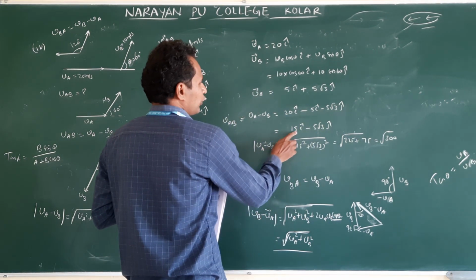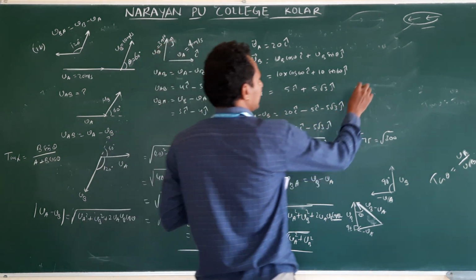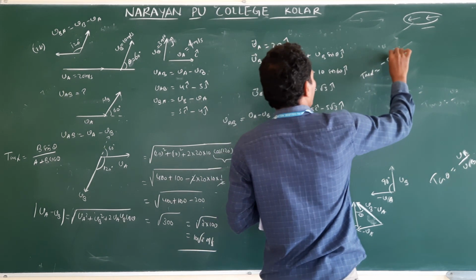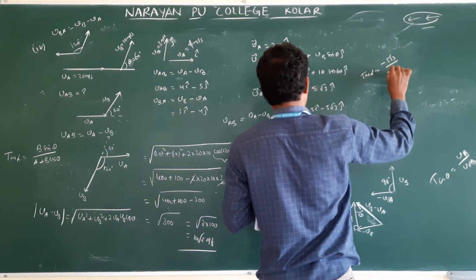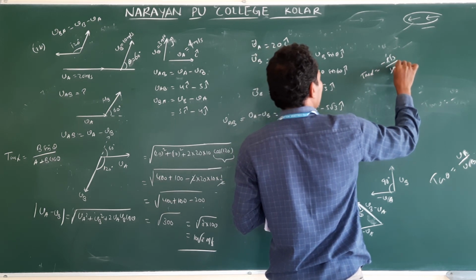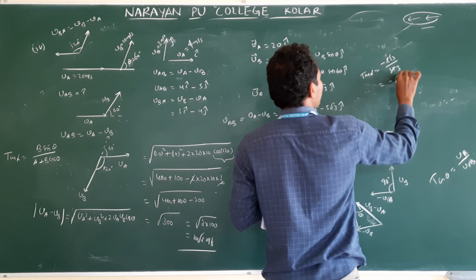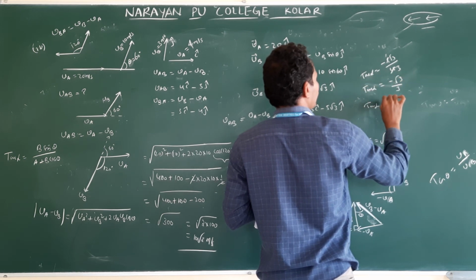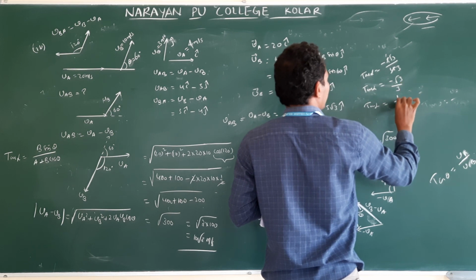Tan angle, how do you get? We have two components, then tan alpha, how do you get? Minus 5 root 3 by 15, 5 ones, 5 threes. This is minus root 3 by 3. Tan alpha is minus 1 by root 3.